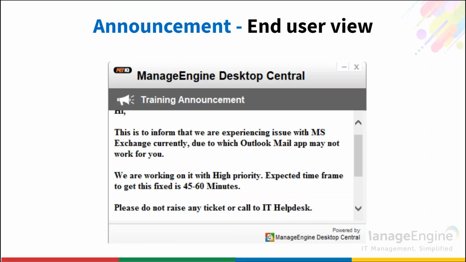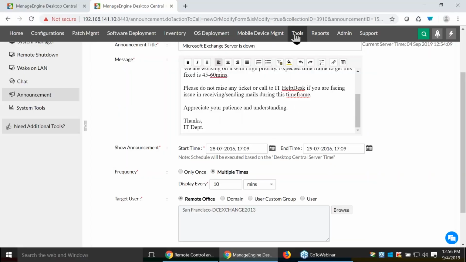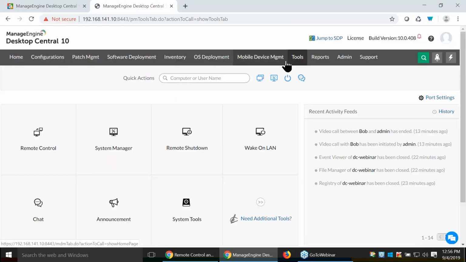So these are the various scenarios that we have looked at. After the GDPR wave and a lot of cybersecurity threats happening down the line, we all have questions on how secure your desktop central's remote control is. To answer that query, Desktop Central's remote control is completely HIPAA, PCI, and GDPR ready, and we have offered a few exclusive privacy and security settings under various aspects.